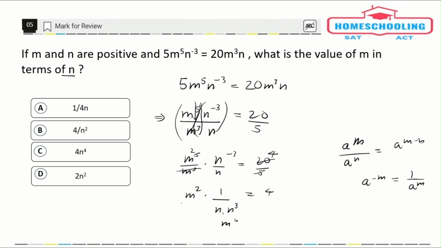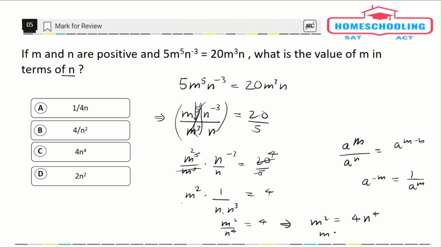So m square by n to the power 4 is equal to 4. From here we can say that m square is equal to 4 into n to the power 4.